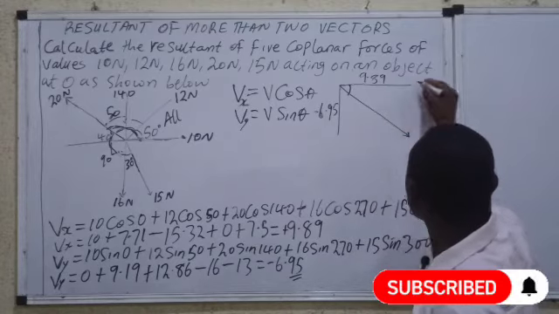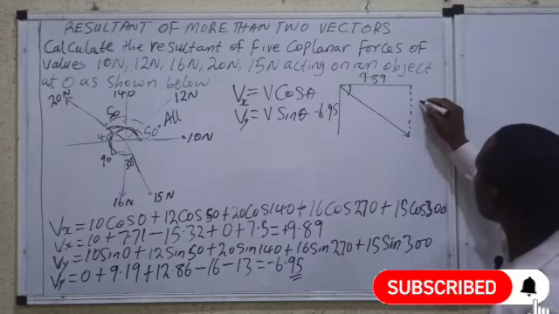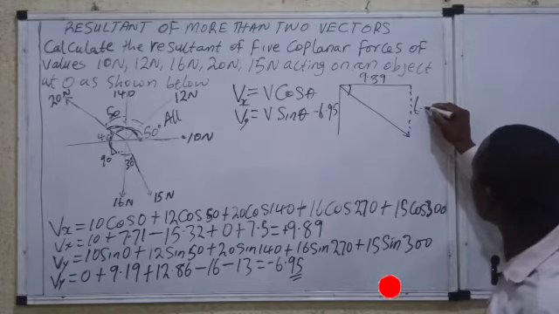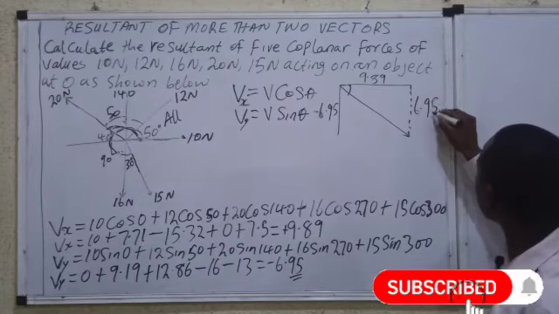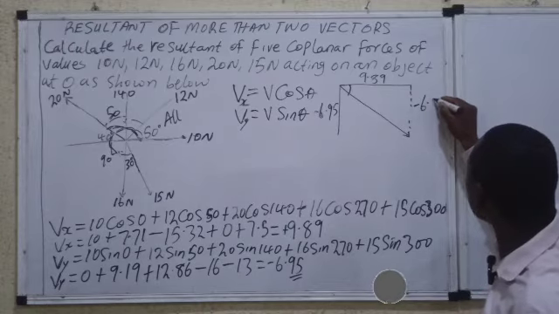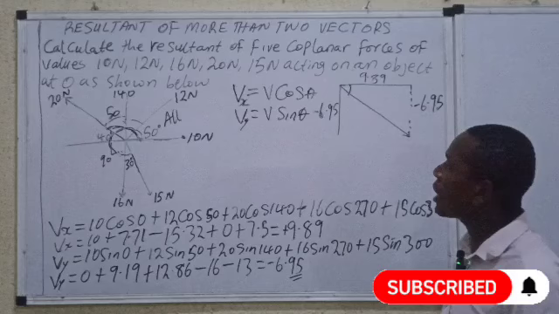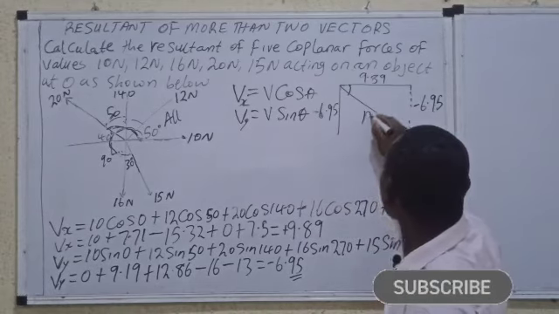Now this one, you can redraw it like this. So here is 6.95. Let me write it with minus 6.95.